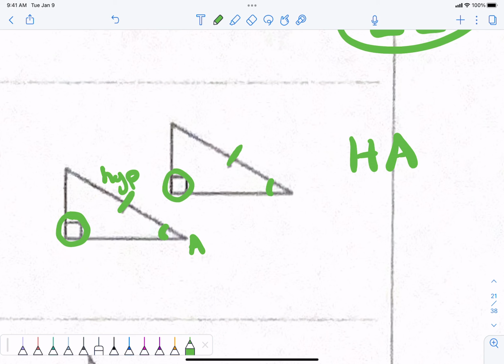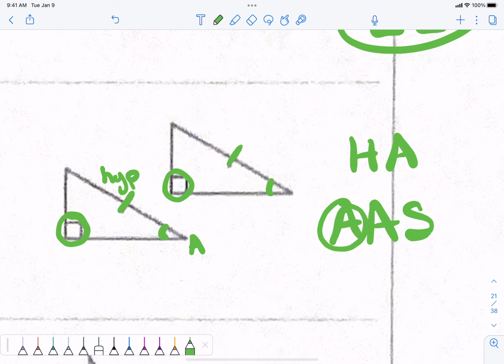It's only those two things that we have to do because the right angle is already given to us. But really, if we convert this back to one of the four that we've already done, what is this one? Angle, angle, side. So hypotenuse angle is really kind of like angle, angle, side in disguise. It's just that that first angle is the 90-degree angle, right? Does that make sense? Okay. So that's how that one works.